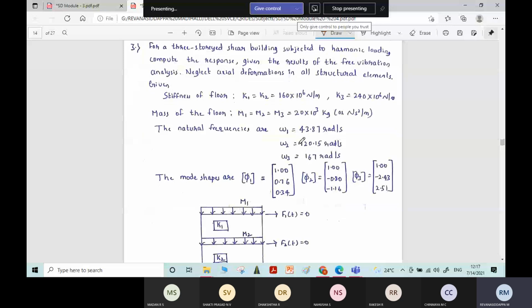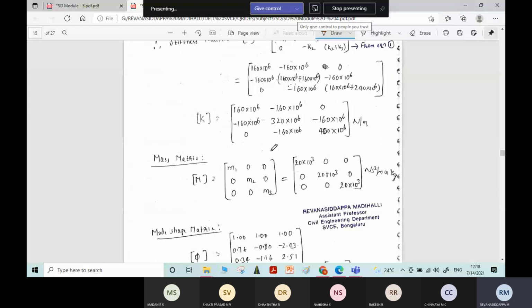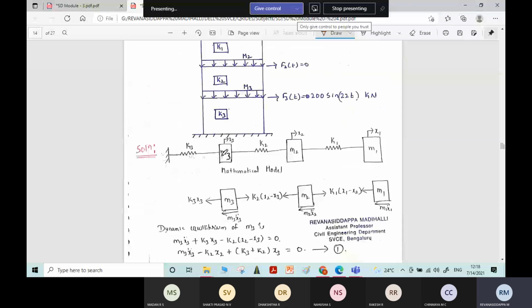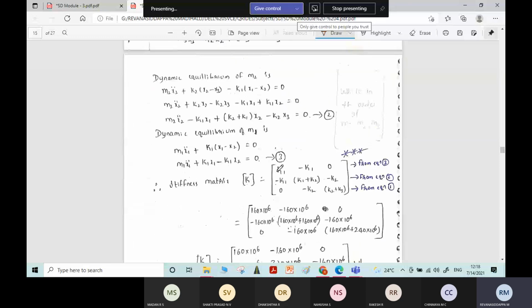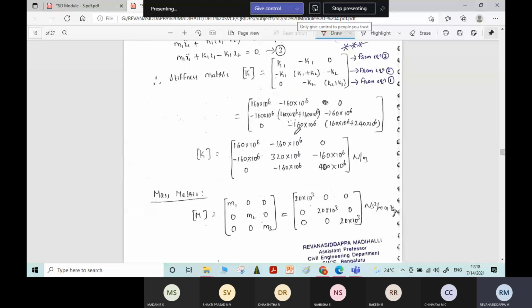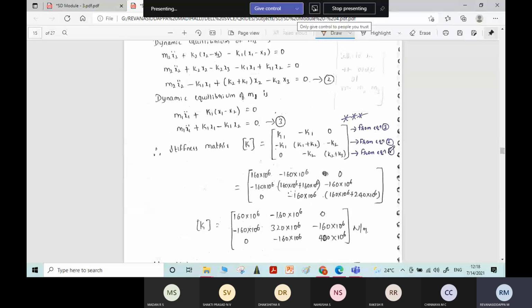Procedure is the same only. And one more thing here, instead of giving M1, M2, M3, he has given as M3, M2, M1. If he gives in reverse order like this, while formulating the stiffness matrix, you formulate with respect to equation 3, 2, and 1 only. This final equation will be the same only.